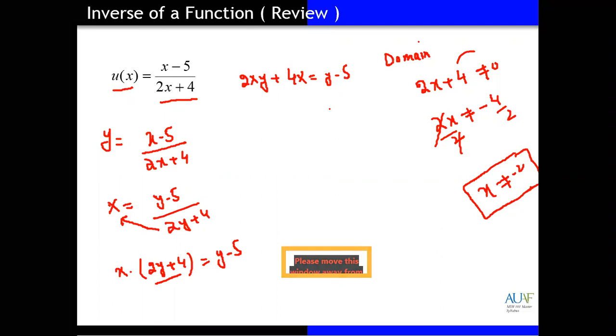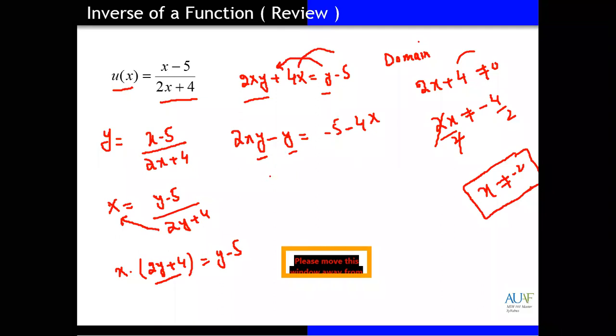Now we need to find the value of y. So transfer y to this side. We have 2xy, and y transferred becomes minus y, equal to minus 5, and this plus 4x transferred becomes minus 4x. Now we have two y terms, we need just y.